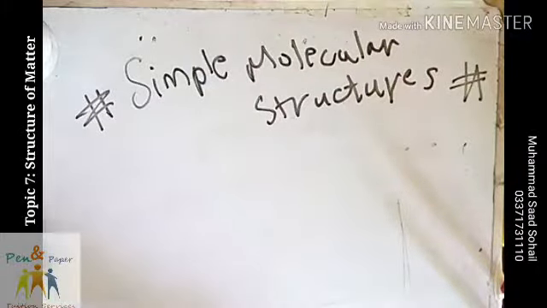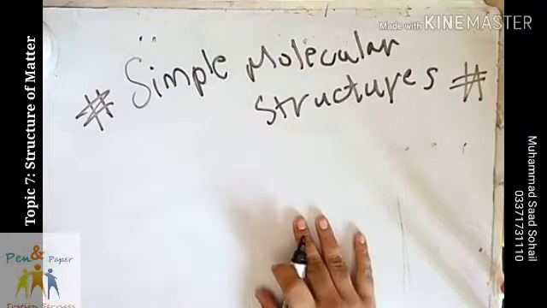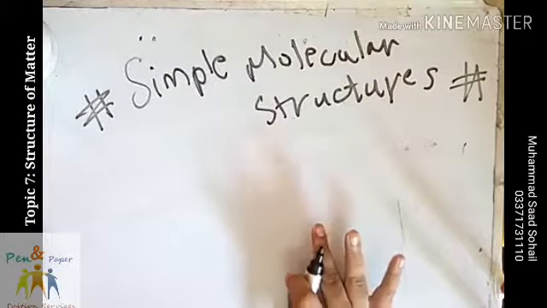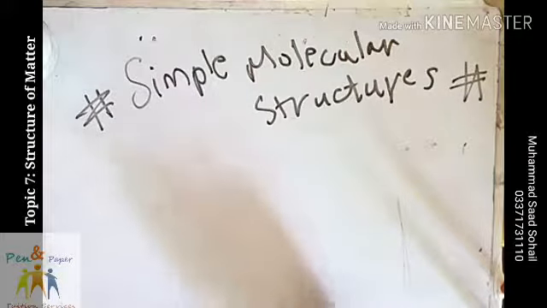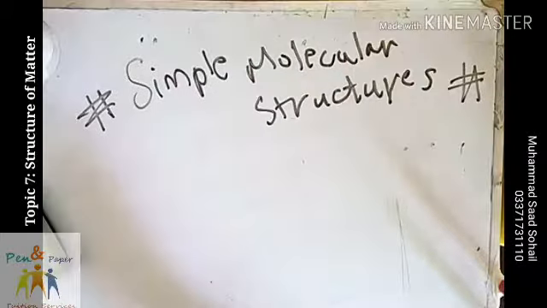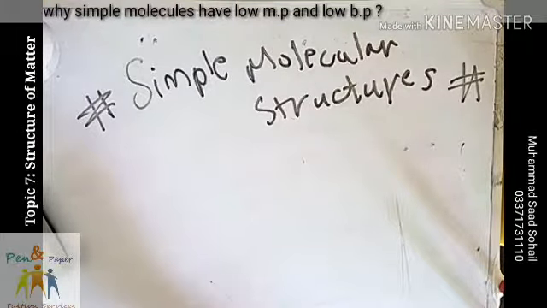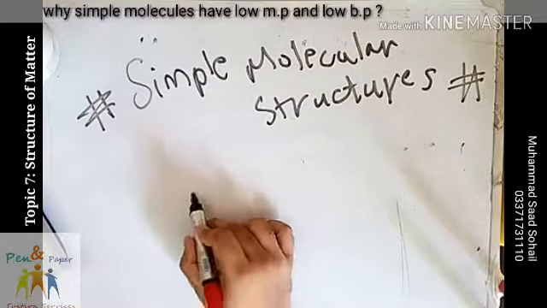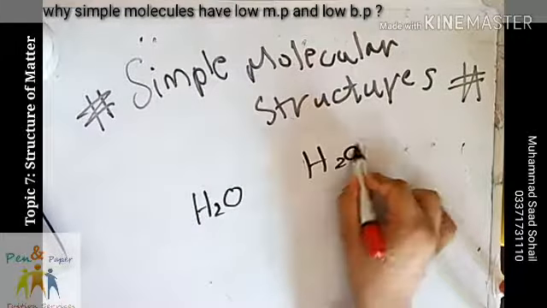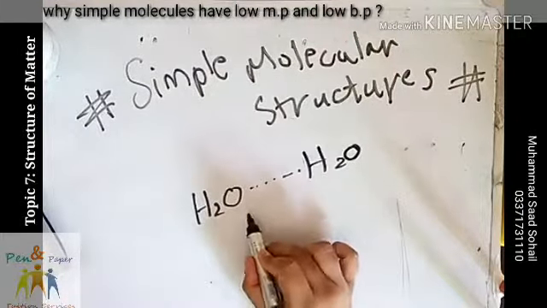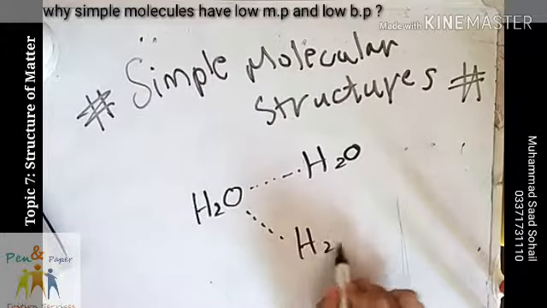Covalent substances with simple molecular structures consist of small, discrete molecules that are held together by weak intermolecular forces of attraction. There is a force of attraction between the H2O molecules.